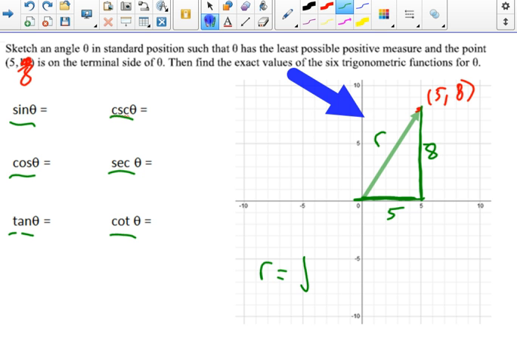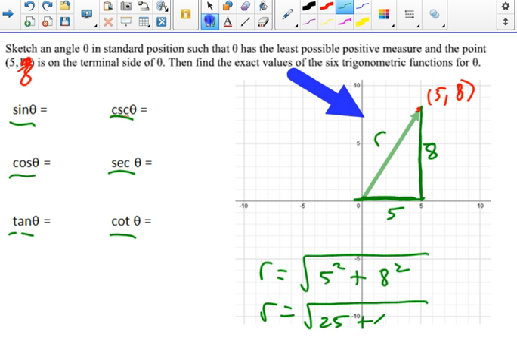R is going to be the square root, of course, of 5 squared plus 8 squared. Which just means r is going to be the square root of 25 plus 40. What the heck? Who does 8 squared and gets 40? I'm obviously tired. 64 maybe?